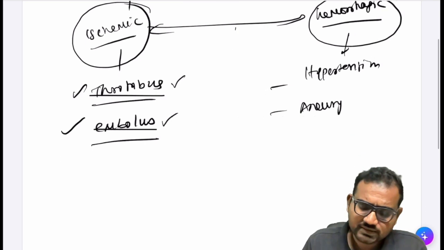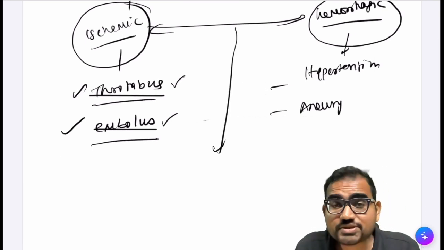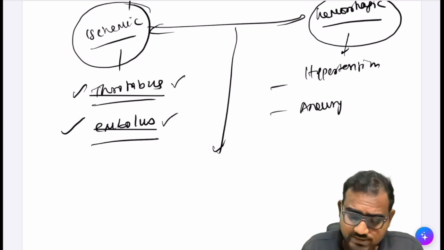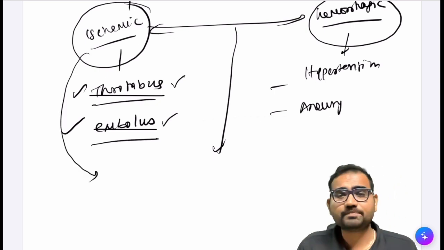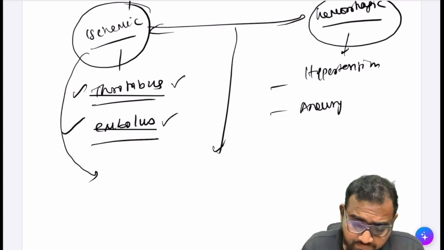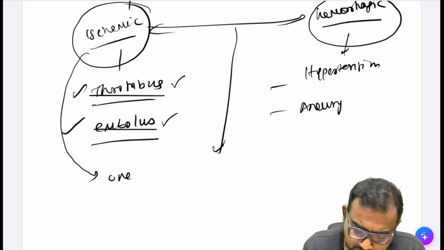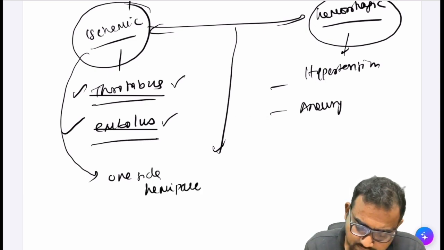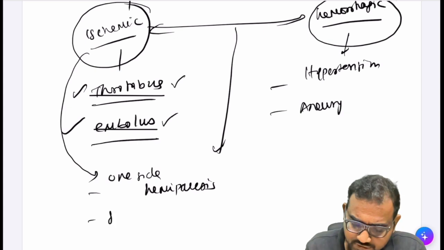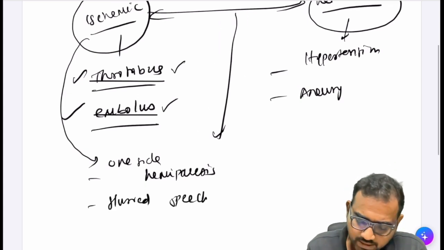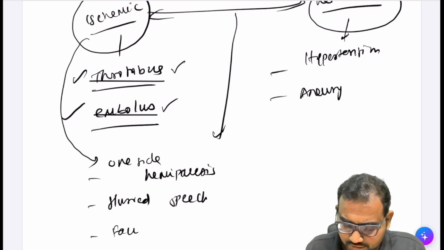So what diagnosis can you do? The first thing you should do when a patient comes with a stroke is look for the signs. Ischemic stroke patients will have one-sided hemiparesis, slurred speech, and facial droop.